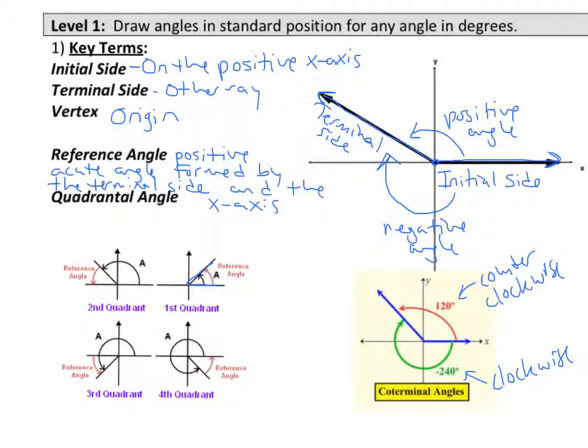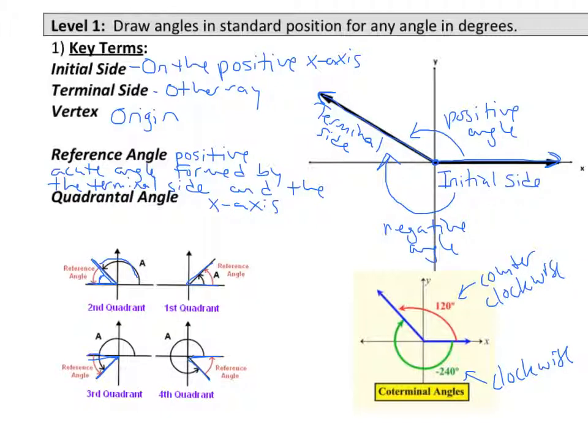In quadrant 2, where your angle is greater than 90, the reference angle is the acute angle formed by the terminal side and the x-axis. So it always has to be an acute angle. That would be the reference angle right there. In quadrant 3, the reference angle would be right here, and in quadrant 4, right there. So it's always the terminal side with the x-axis. It's always a positive acute angle.